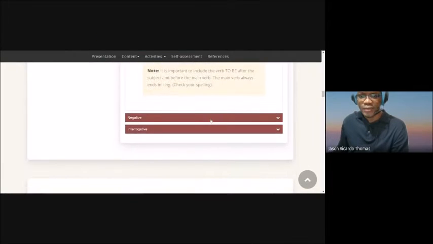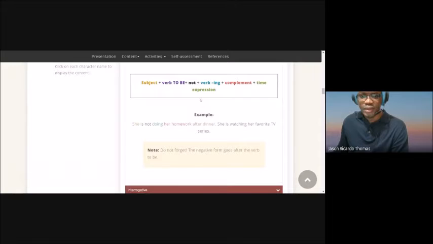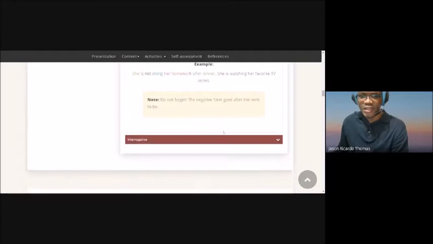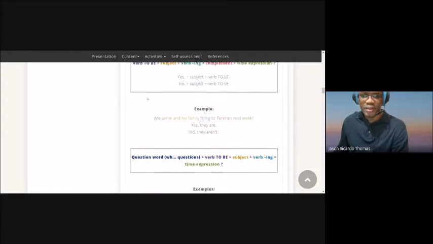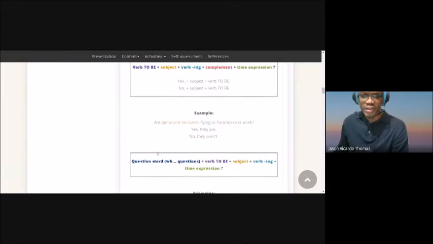The negative form, verb to be plus not, then ing. And for question forms, you need your question word, or your helping verb, your verb to be, your nouns or your subjects, then your ing.